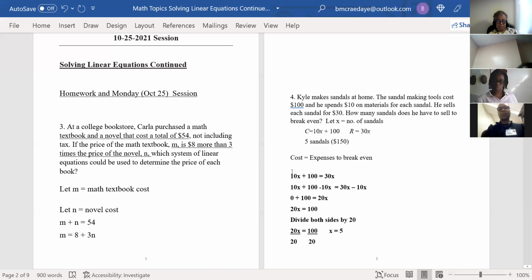Now notice we get a lot of equations in this format. What do we call this? The slope intercept, y equal mx plus b, where the b is the fixed amount and the variable is some unit that causes the amount to vary.